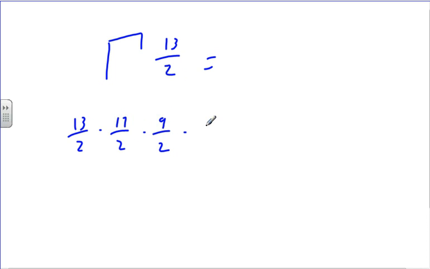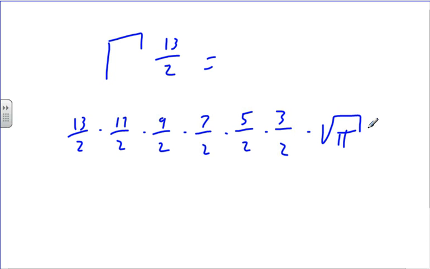So if I want the gamma function of 13 halves, that would be 13 halves times 11 halves times 9 halves times 7 halves times 5 halves times 3 halves times the square root of pi.